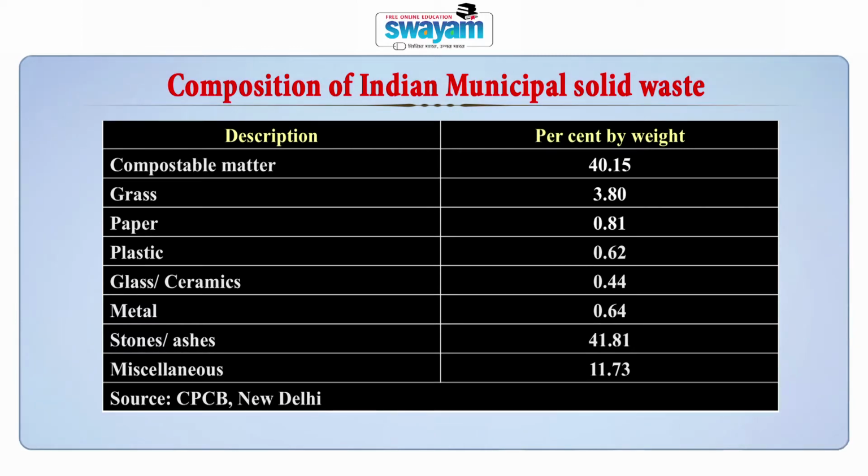Central Pollution Control Board, Government of India, has tried to give a composition to the municipality solid waste. I will say that the composition given by CPCB is very empirical in nature. This Indian municipality solid waste contains about 40% compostable matter, about 3.8% grass, about 0.8% paper, about 0.6% plastics, about 0.44% glass or ceramics.